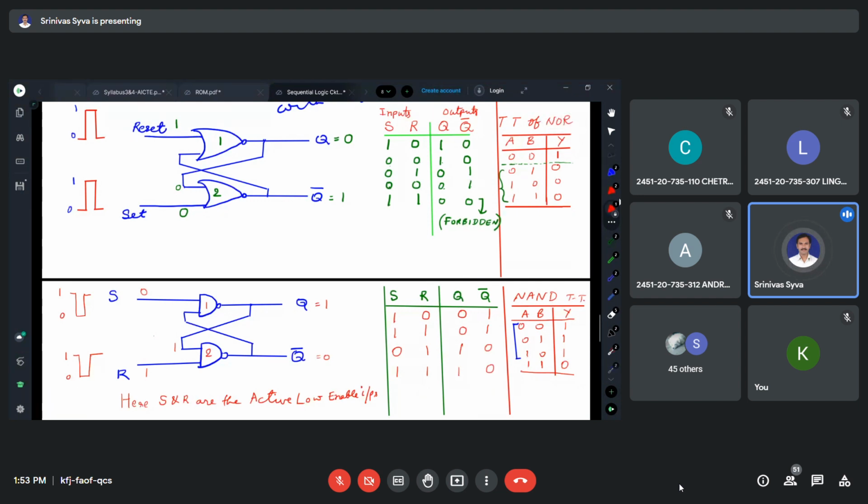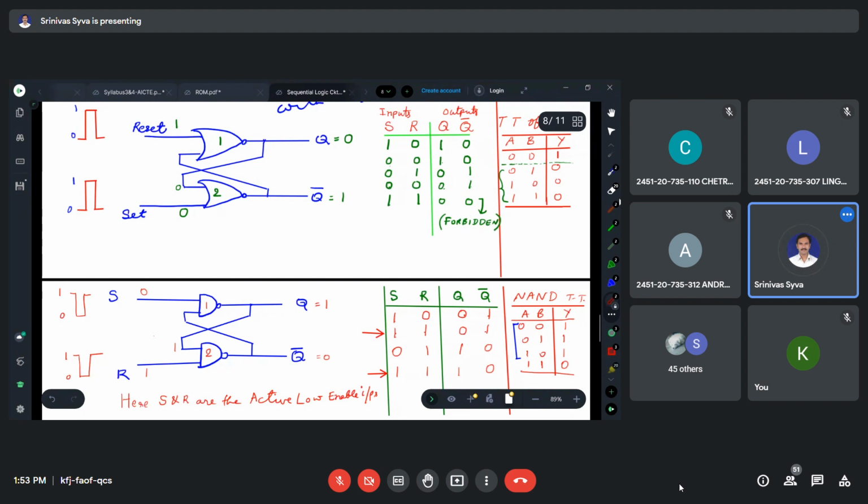For the same 1 1, you observe. Here we have given 1 1, but the outputs are 0 1. Here also we have given 1 1, but the outputs are 1 0. What is the meaning here? It depends on the previous output. Earlier, before applying 1 1 here, Q is 0, Q bar is 1. So based upon that, we get the same thing, 0 1.